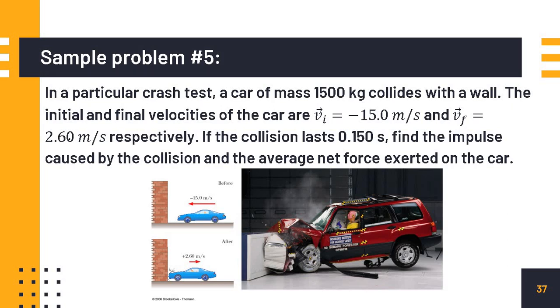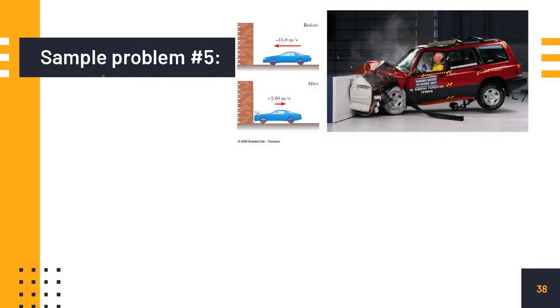And the final velocity is 2.6 meters per second. That is positive because after the collision, the car would move backwards, so that's to the right, respectively. If the collision lasts 0.15 seconds, find the impulse caused by the collision and the average net force exerted on the car. So let's write all of the givens in that problem.